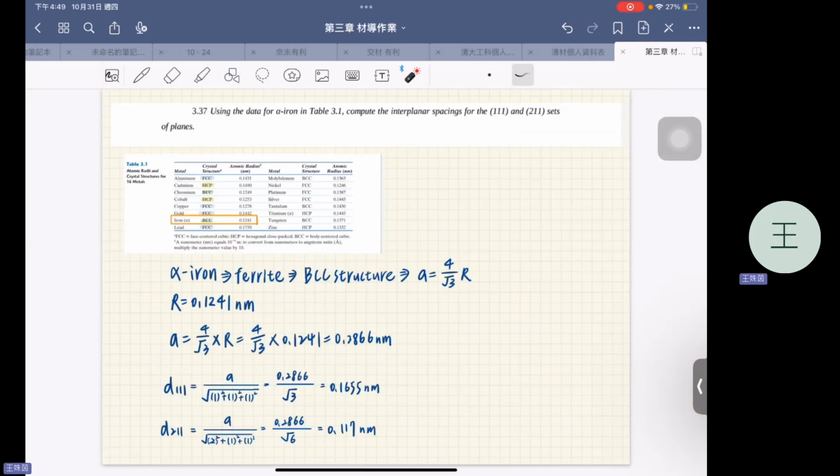Okay, for 3.37, we want to compute the interplanar spacing for the 111 plane and the 211 plane. The material is alpha iron, which is ferrite, so it's a BCC structure, and we also know the BCC relation for A. We can check the table to get the atomic radius, which is 0.1241.